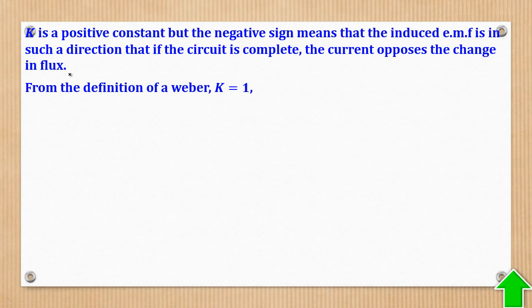So that is in accordance with Lenz's law. Now from the definition, K will be equal to 1, meaning that E is equal to negative d phi by dt.